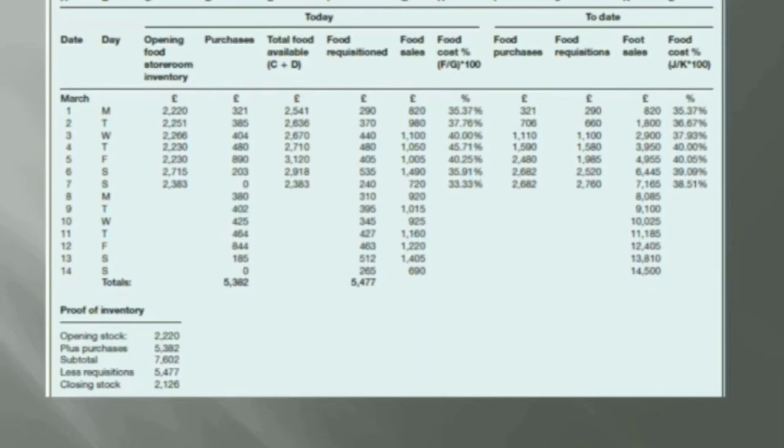The food purchases, food requisitions, food sales and food cost percentage to date are also calculated. When we compare to the weekly or monthly food cost report, the daily food cost report gives to-date information which helps management to understand the days when the food cost is high in order to take effective action.